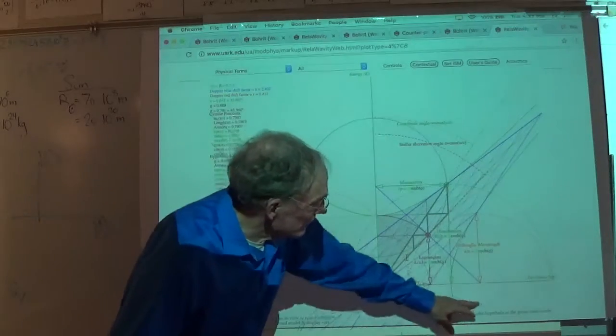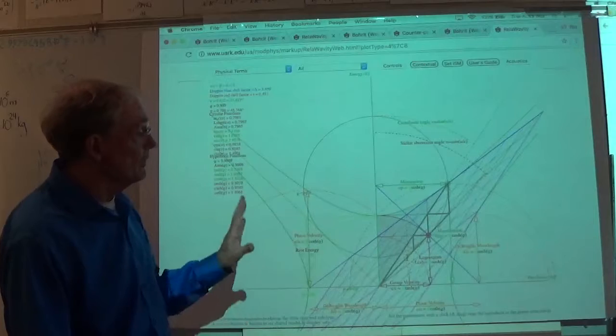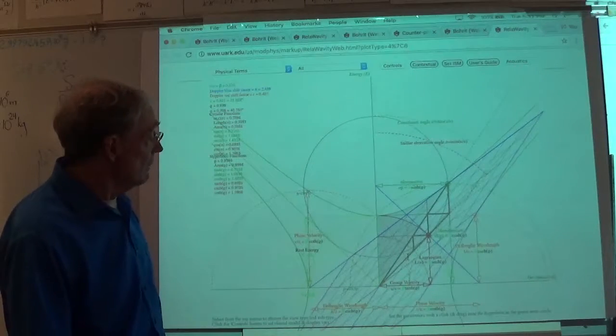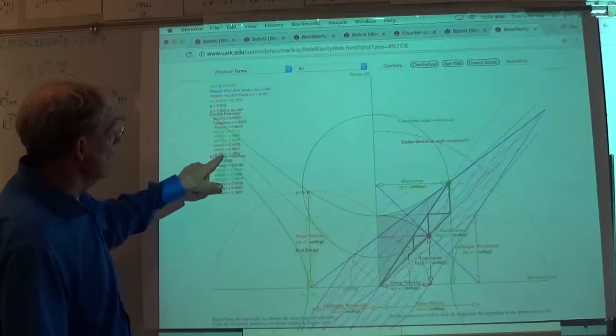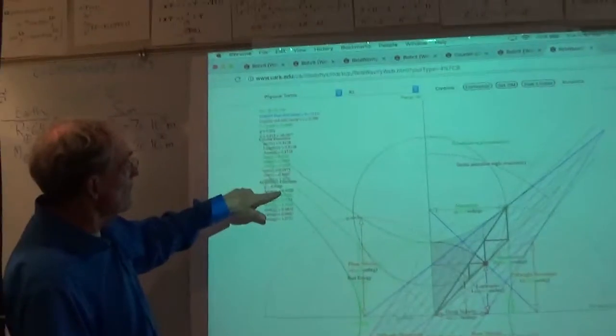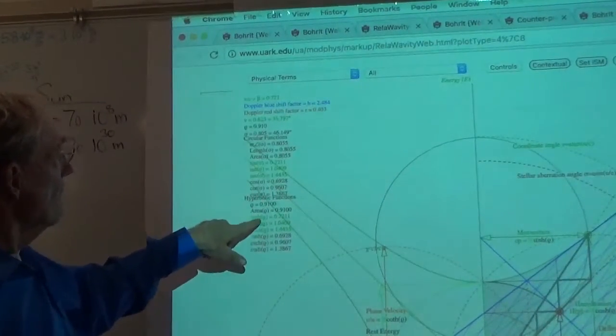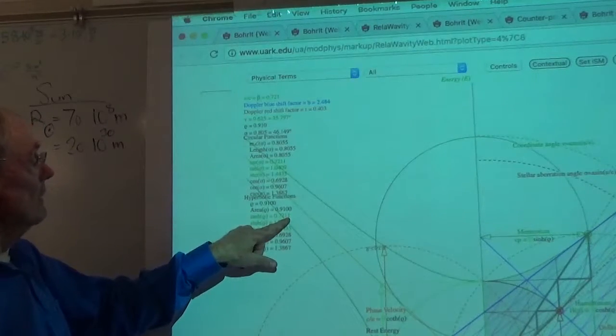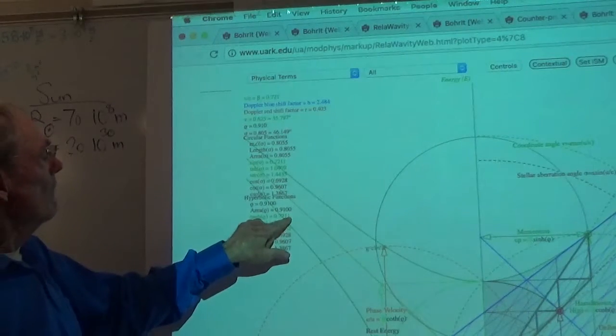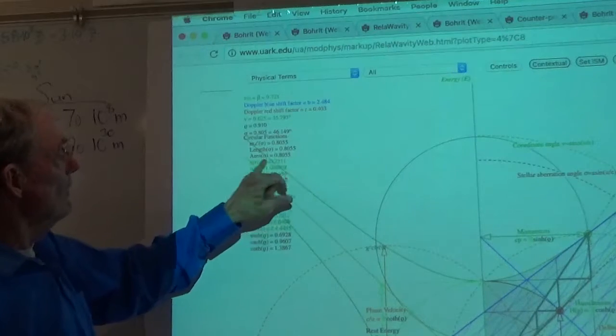Phase velocity is that distance right there. So all of those trigonometric functions, both the circular trigonometric functions and their hyperbolic counterparts, the numbers here: the hyperbolic tangent matches this ordinary sine.